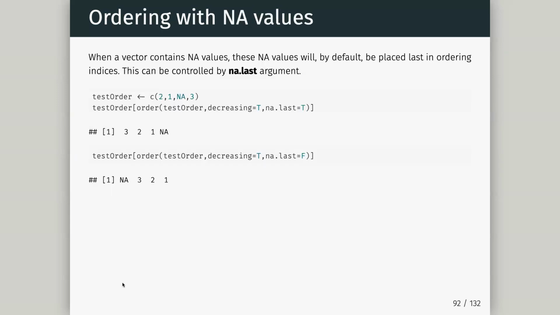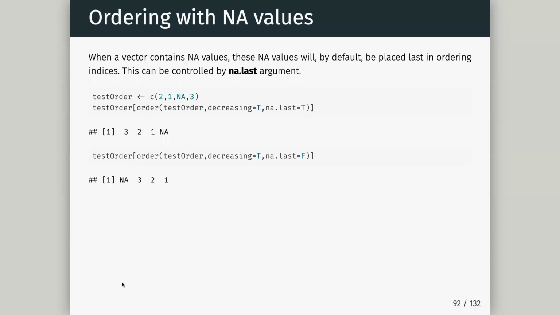But when a vector contains NA values, these not available values, by default they will be placed at the end of the order. So in this case, if I have a vector 2, 1, NA, 3, and I try to order that with decreasing equals true, you can see it puts the fourth one first, the first one next, the second one there, and then NA at the end.